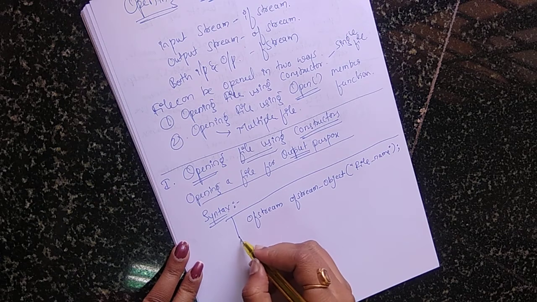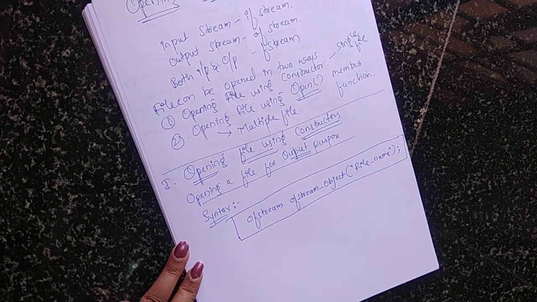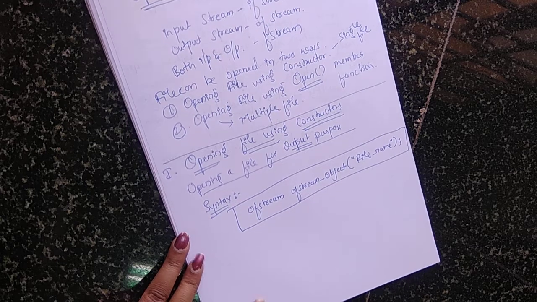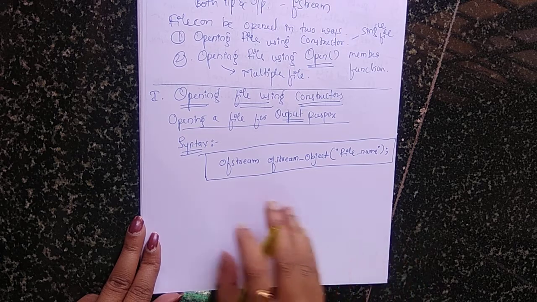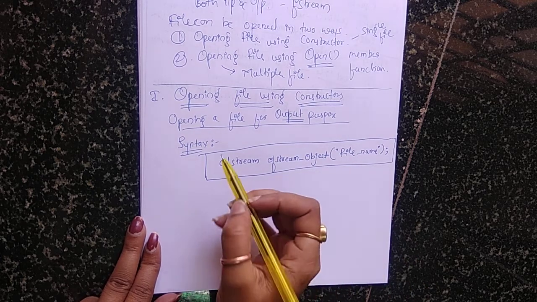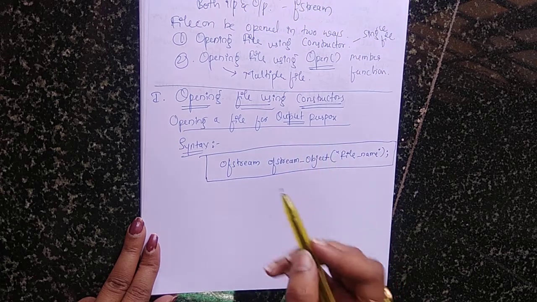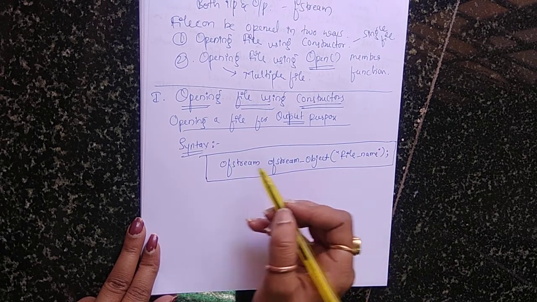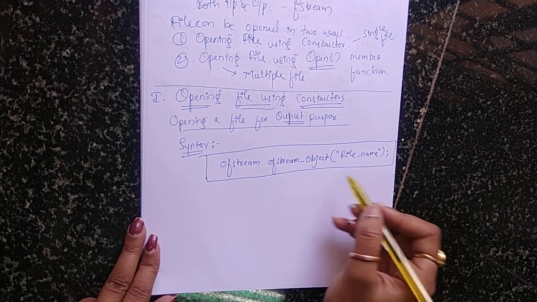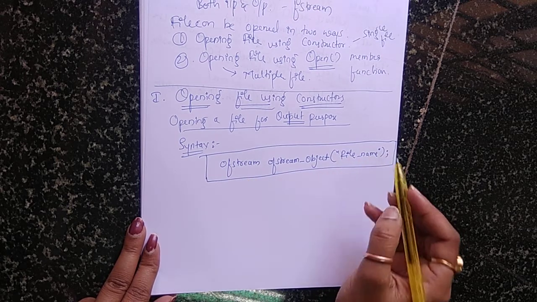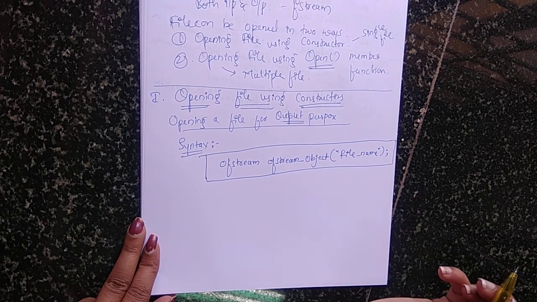This is the syntax which you have to follow when you are opening a file for output purpose. You have to use the ofstream class and create the object of your ofstream class, then in parentheses, in double quotes, the file name which you want to open, ended with your semicolon.